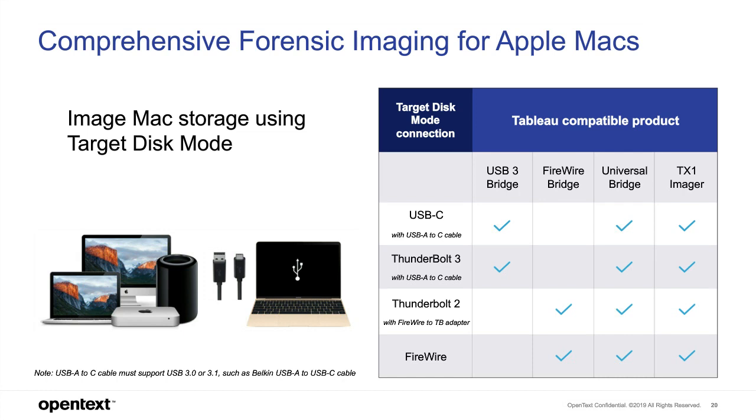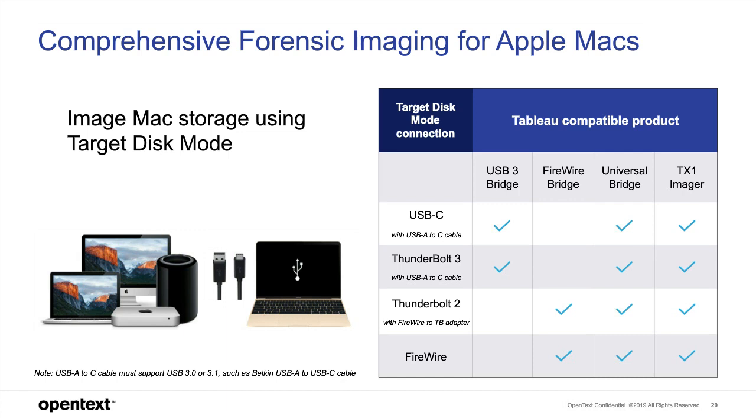And I should point out that while TX1 can physically image from either HFS Plus or APFS formatted Mac storage media, it can only browse and logically image HFS Plus formatted volumes today.